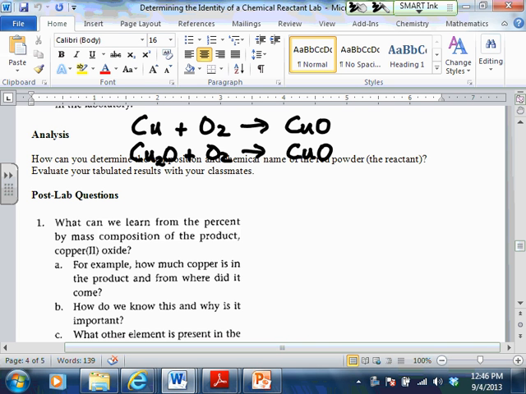What you're doing when you make CuO is now you are adding oxygen into the lattice, so now it's a 1-to-1 ratio between the copper and the oxygen. I don't know if that makes sense or not. But essentially, you're not decreasing the amount of copper here, really. What you're doing is you're increasing the amount of oxygen to make the CuO, okay? So either way, it's being further oxidized, okay?